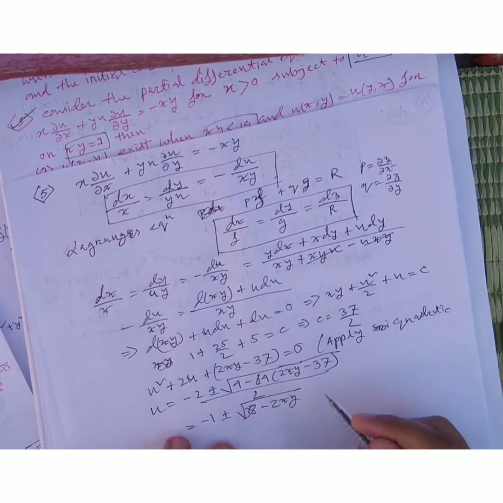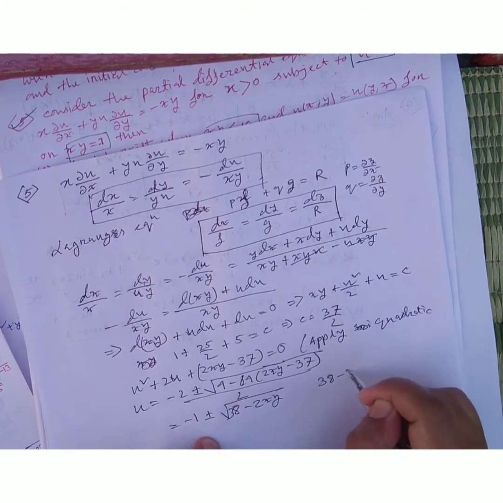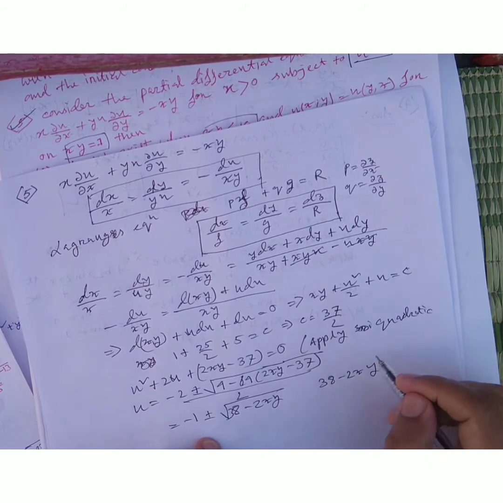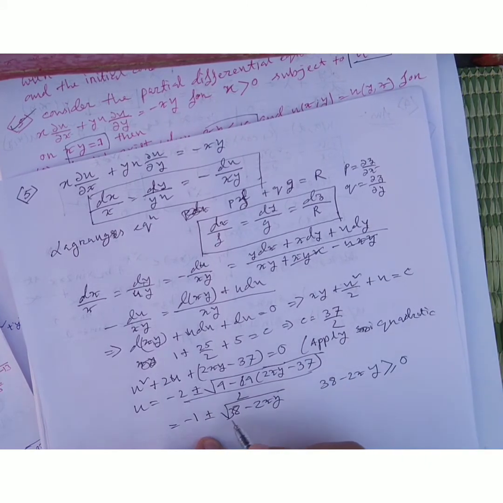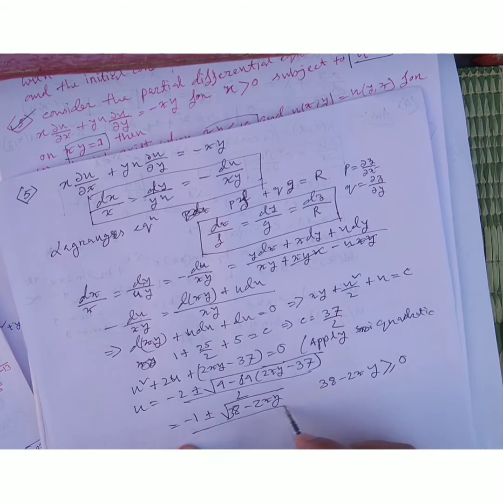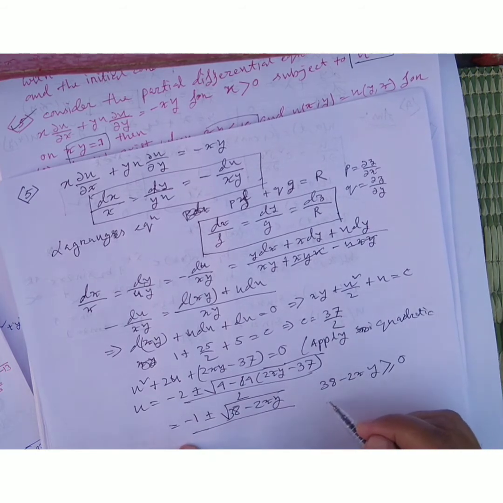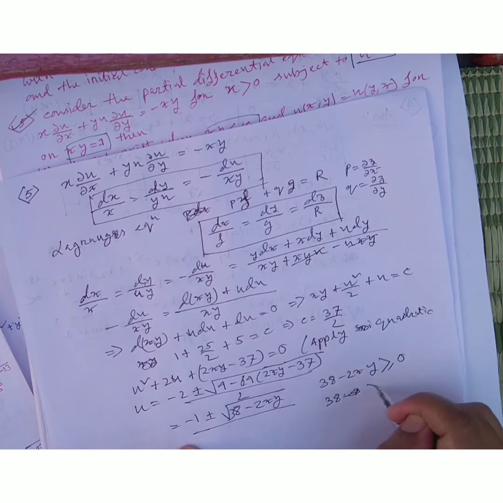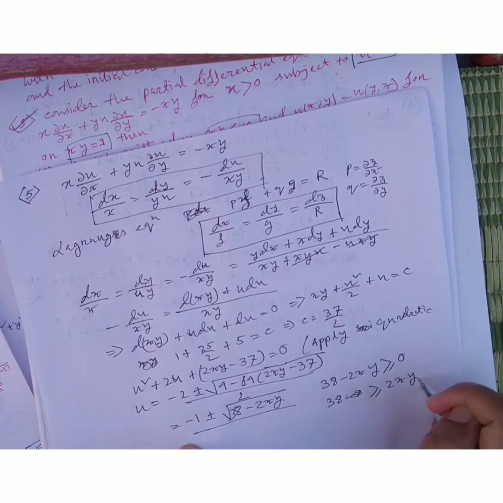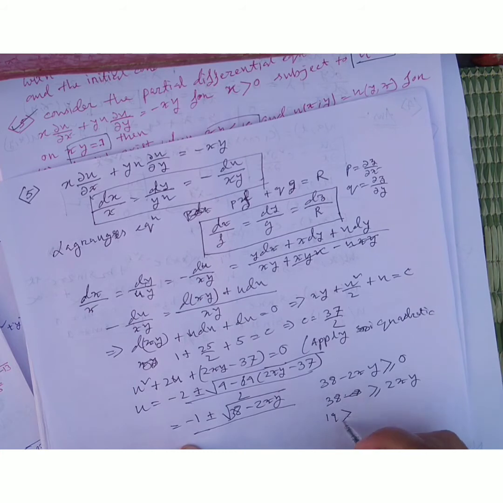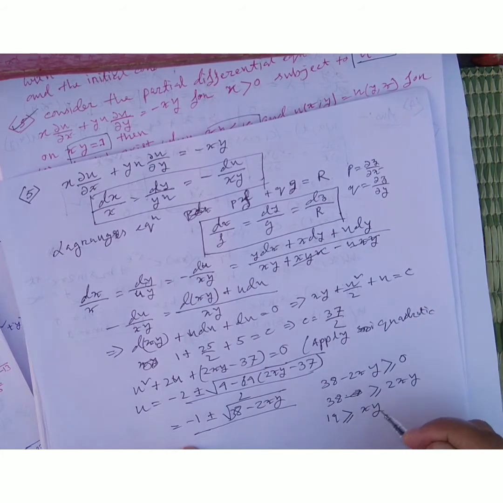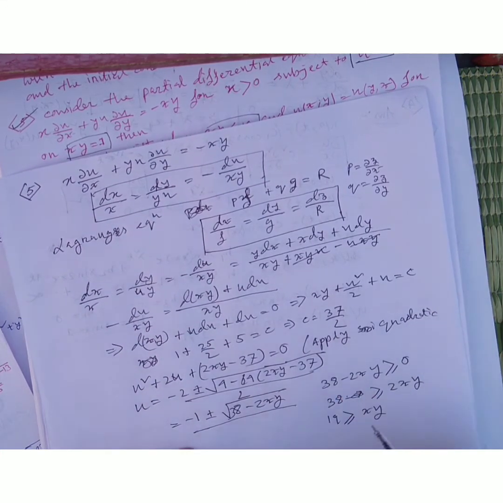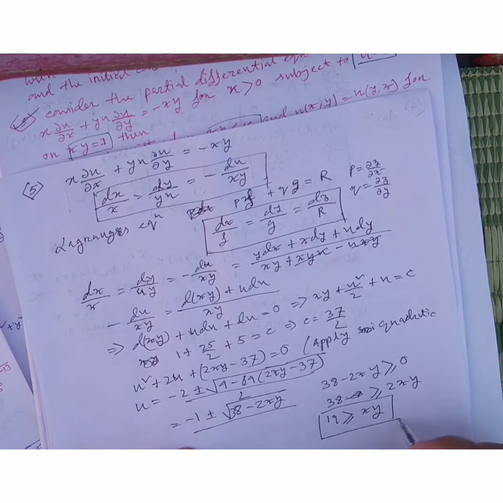Friends, it is very simple: 38 minus 2xy obviously greater than or equal to 0, otherwise this is an imaginary number. So I get 38 less than or equal to 2xy, and 19 less than or equal to xy. So one of the conditions holds: xy less than or equal to 19.